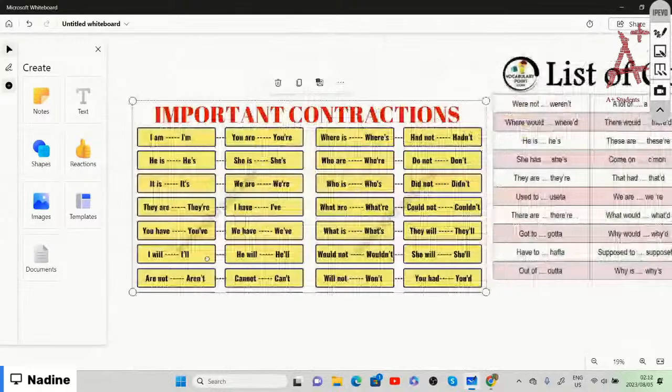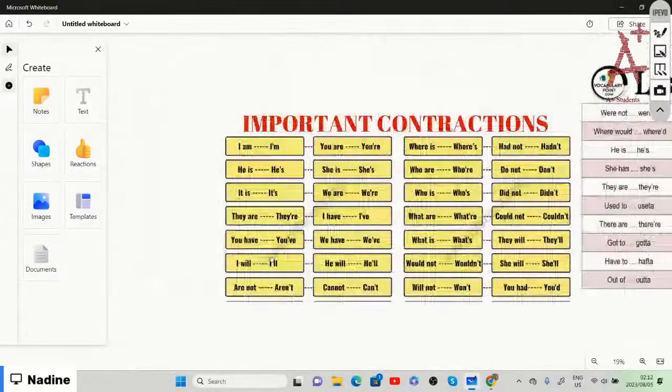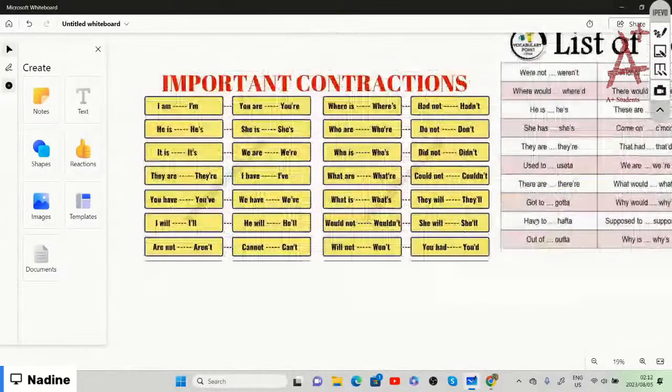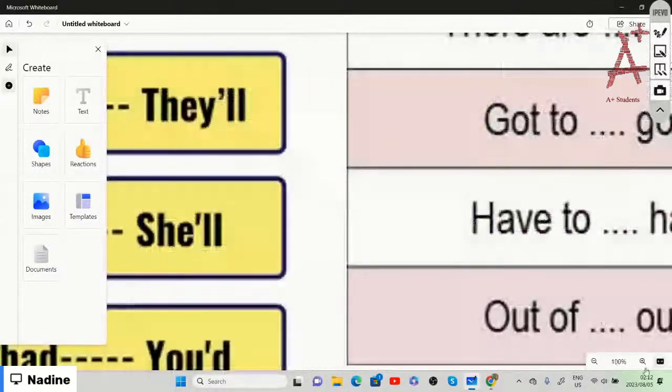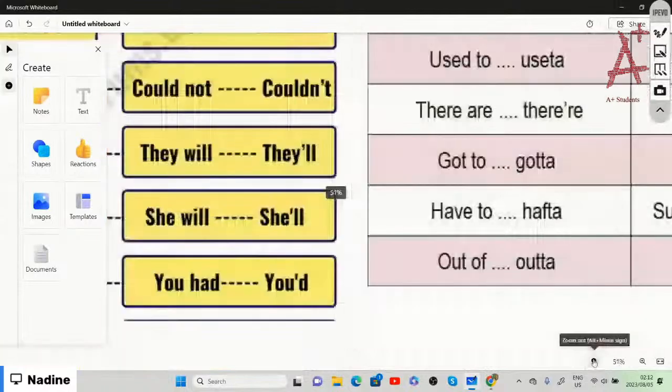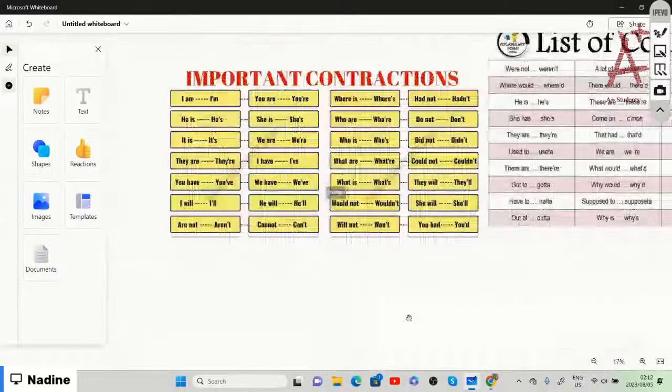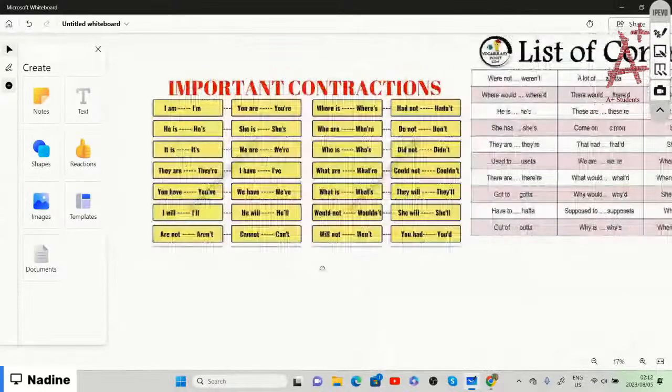And then we have, oopsie, the most important contractions, the ones we most commonly use.